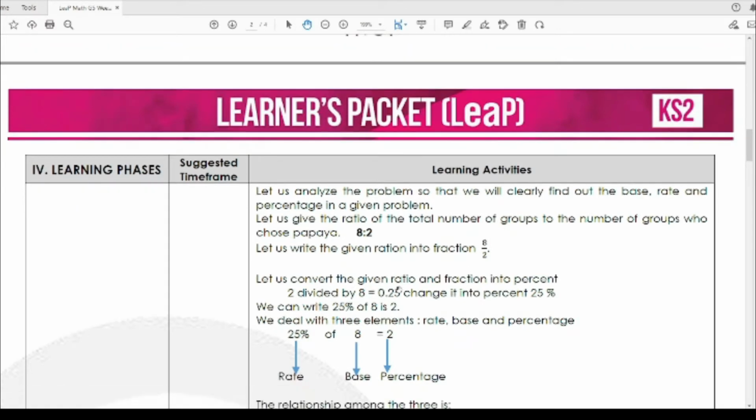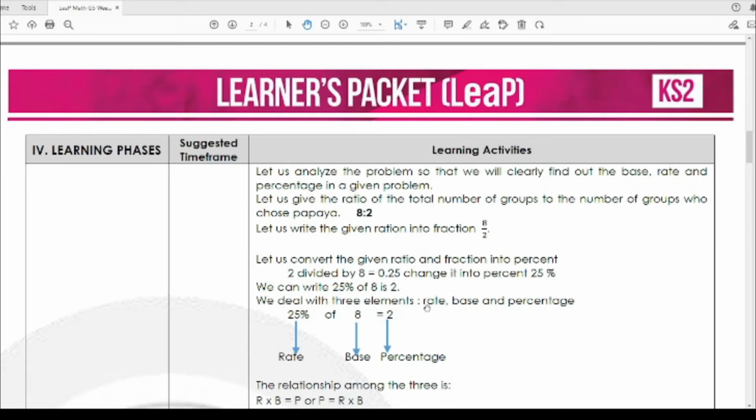Let us convert it into percent. 2 divided by 8 is equal to 0.25. We change it into percent, which is 25%. By moving the decimal point two places to the right, you get 25 and put the percent symbol. We can write 25% of 8 is 2.